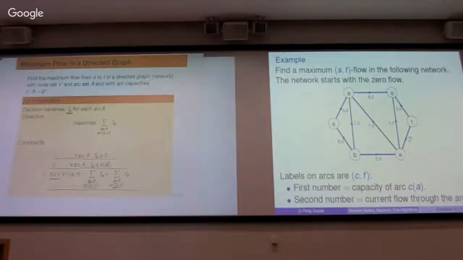So what you get as the flow that is leaving the source, that is the value of the flow. And because of these conditions, it must be exactly the same number as what is entering the target. Because in any other node, everything is preserved, so whatever leaves the source has to arrive in the target.